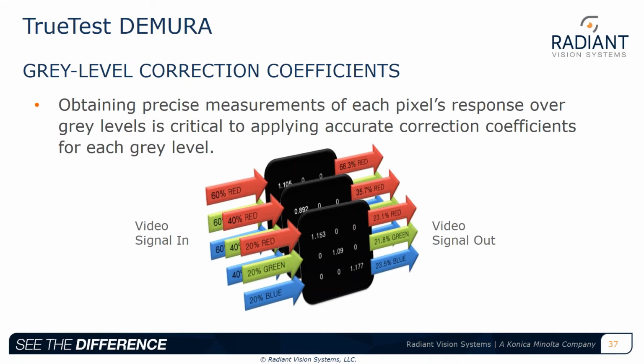The difference for Demura is that depending on the input level we're trying to drive the pixel to, that coefficient and that scalar will change as well.